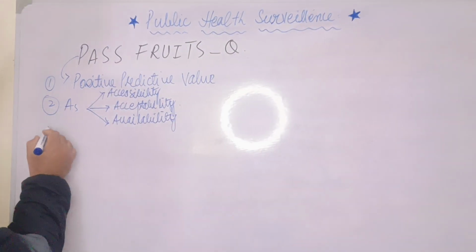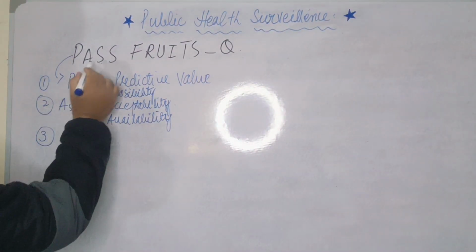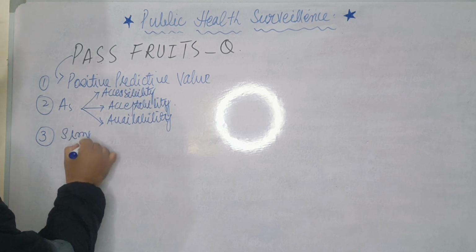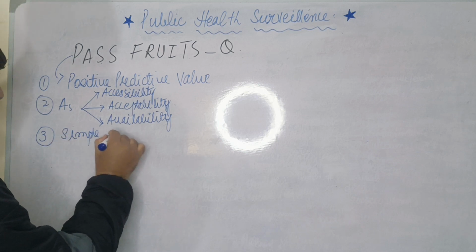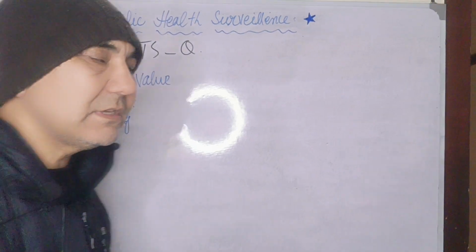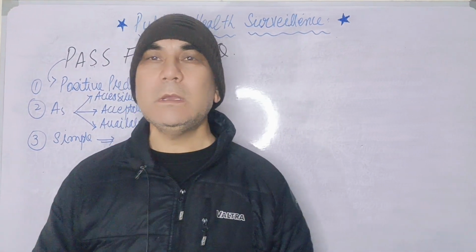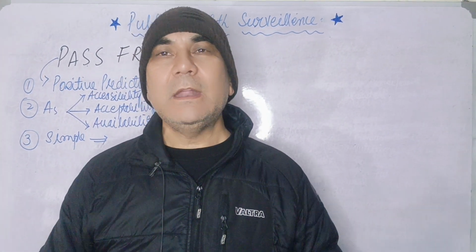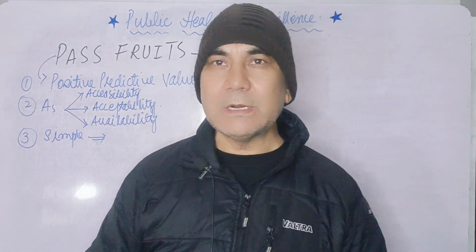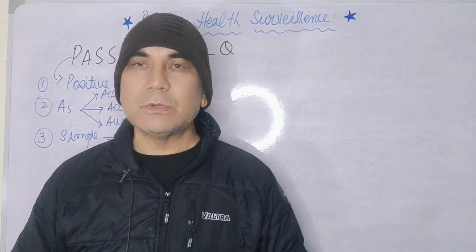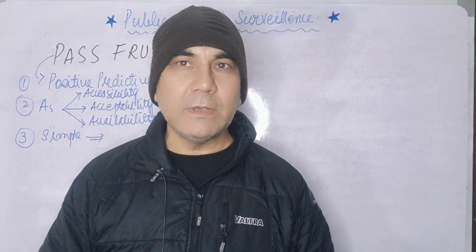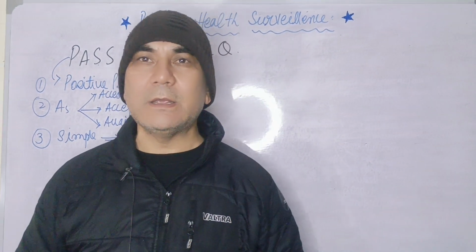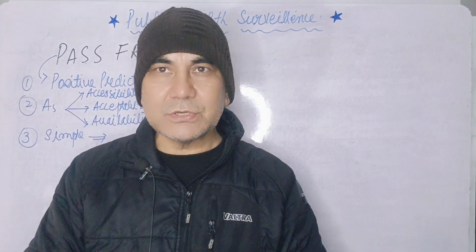Now the third one is S. S is for simple. Any surveillance system should be in very simple language. If you would like to conduct a surveillance system, you should conduct it in a simple and structured way.